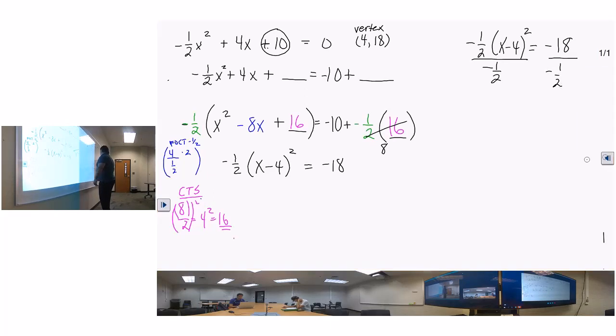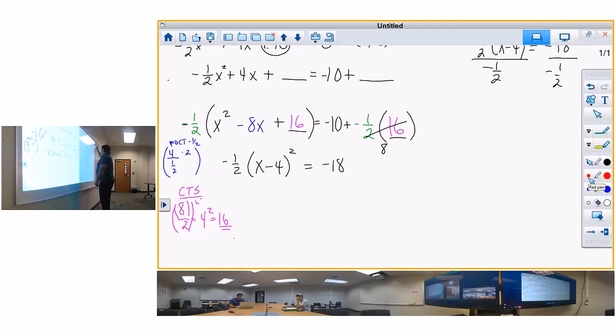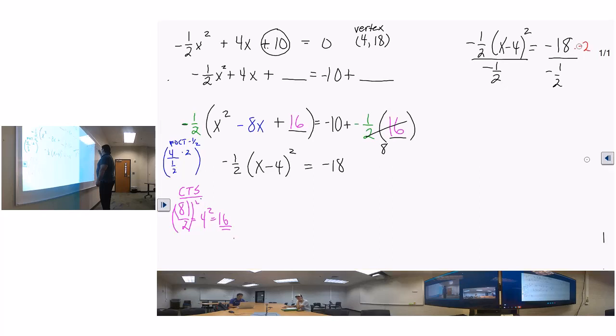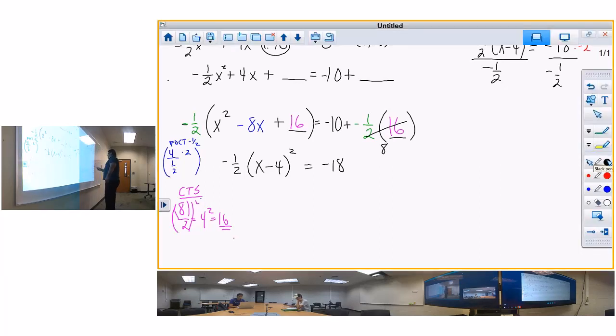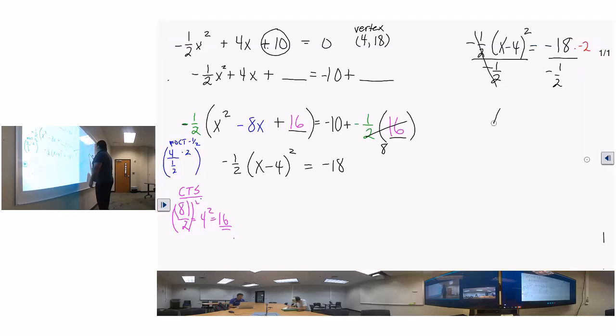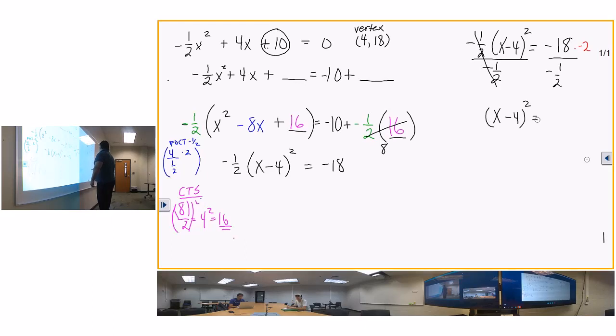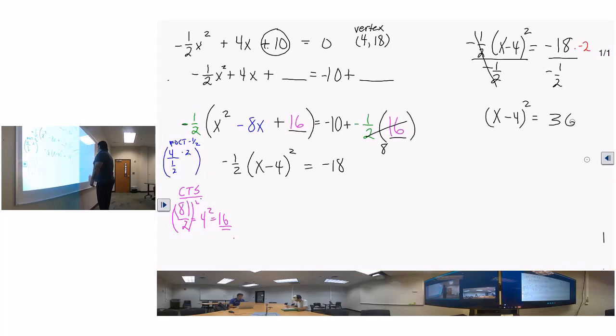So I'm going to go over here and I'm just going to put in red, multiply by negative 2. So x minus 4, quantity squared, is equal to, what's negative 18 times negative 2? 36. Look at there, that's a perfect square.